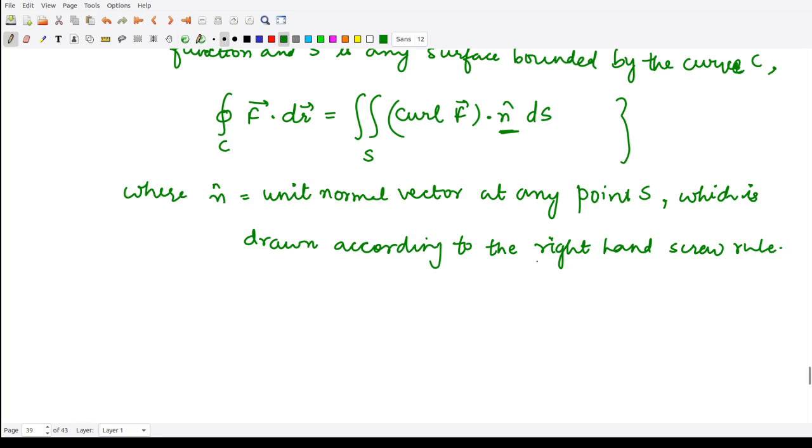So this is the statement for Stokes' theorem.